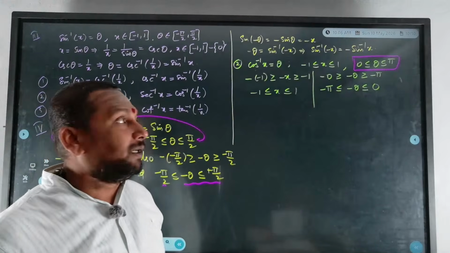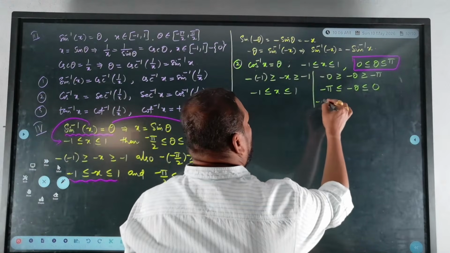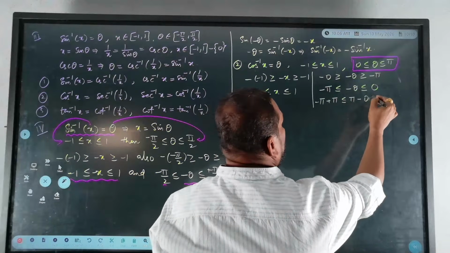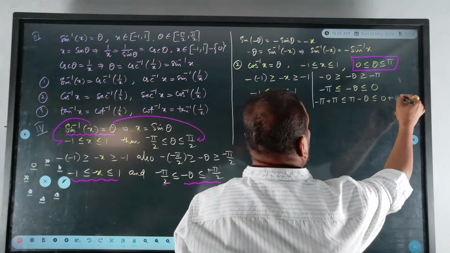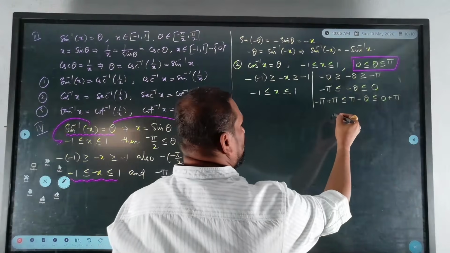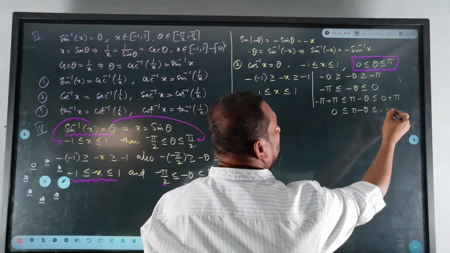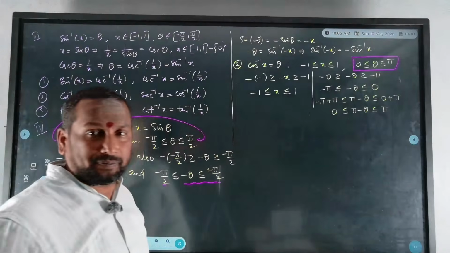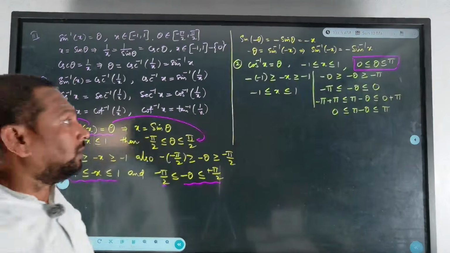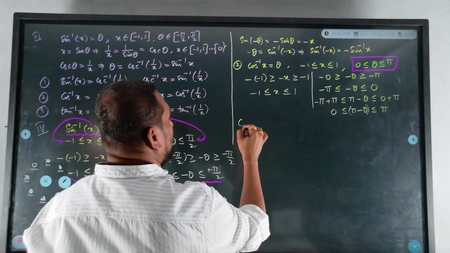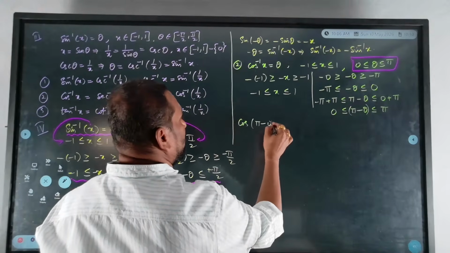So adding pi: minus pi plus pi less than or equal to pi minus theta less than or equal to 0 plus pi, that is, 0 less than or equal to pi minus theta less than or equal to pi. So now what is the angle here? Now consider cos of pi minus theta.